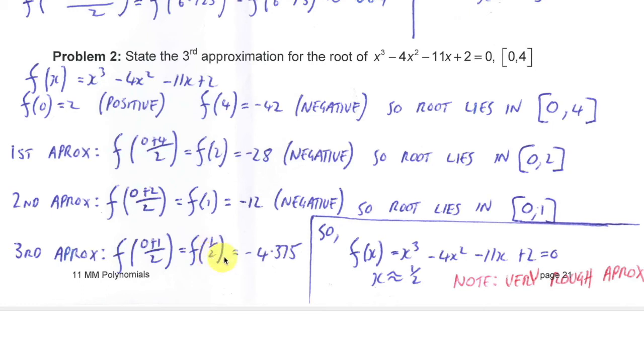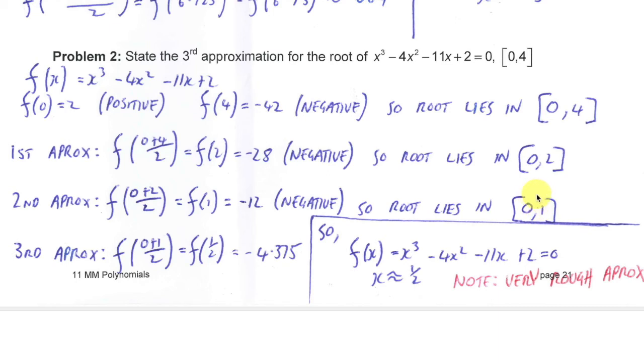Out of interest, this produces a negative. Okay, so halfway between, I've got 0. If I substitute 0 into it, it's positive, and 1 is negative.